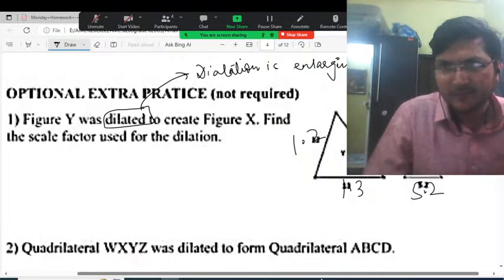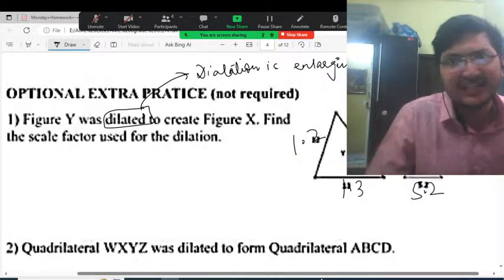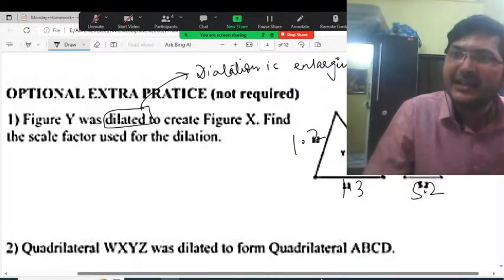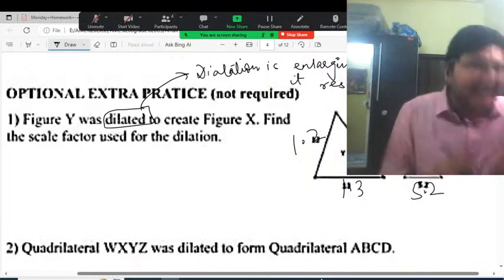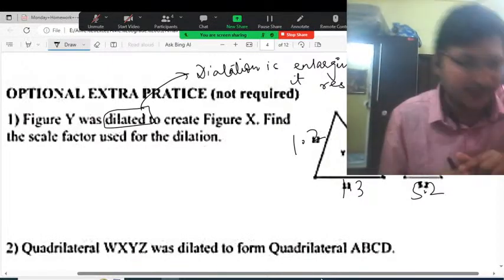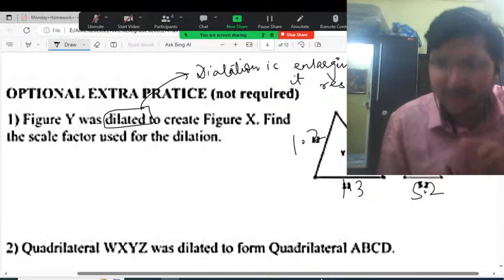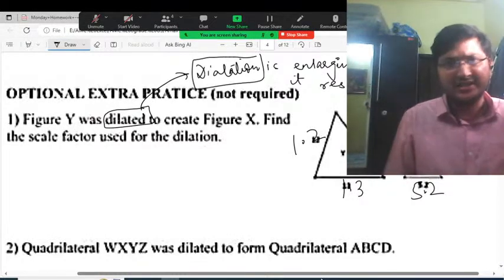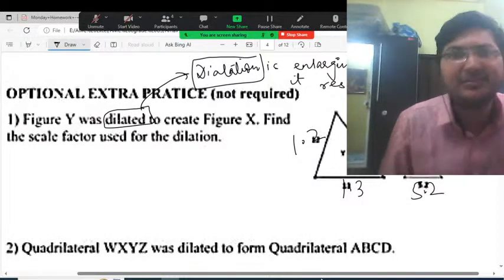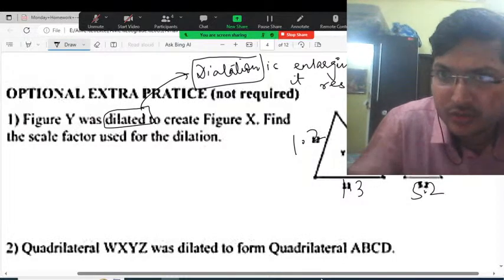Dilation is enlarging something, and it results in two similar figures. That's why we deal with dilation under similarity. We deal with dilation under similar figures, because dilation only enlarges an object.